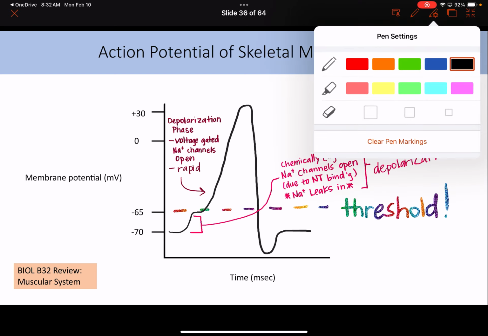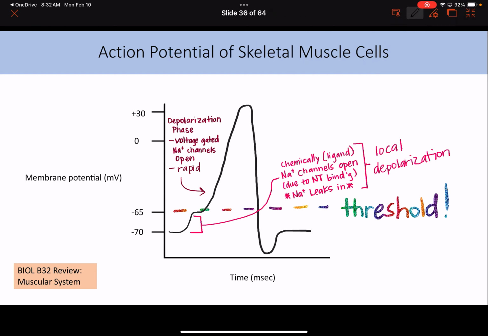And remember when we were talking about those fluid compartments, I reminded you that we have lots of sodium on the outside of the cells to begin and a little bit on the inside, so that when this depolarization happens, we have this huge and rapid influx of sodium because of that unequal concentration. The greater the difference in concentration from the inside to the outside, the faster that movement can happen. Okay, so we have this rapid influx of sodium into the skeletal muscle cells.